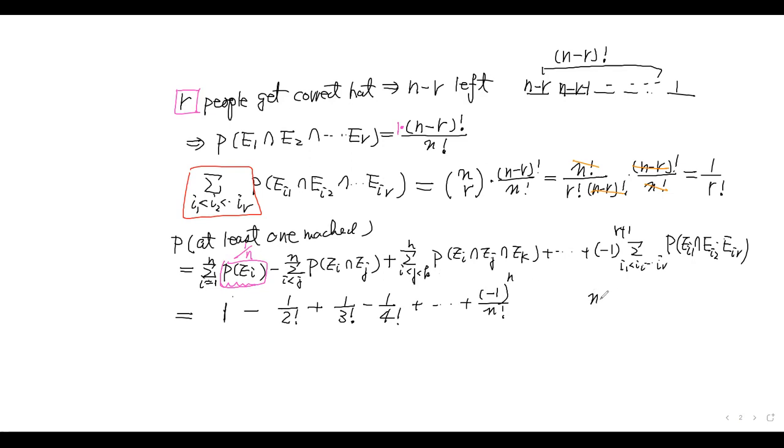So this is for all n greater than or equal to 2 here, because for n equal to 1, you have one person who cannot match here. So at least one match. That's why we say Pn is equal to 1 minus the probability of at least one match, right?